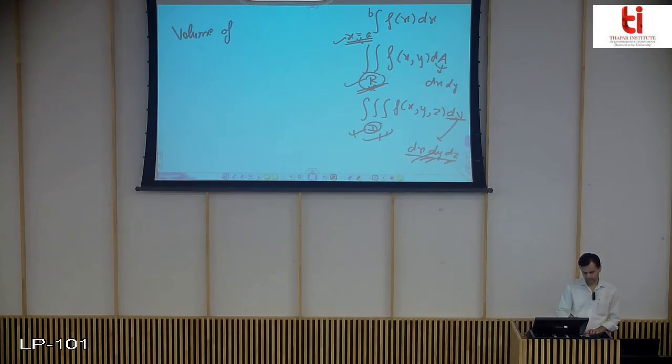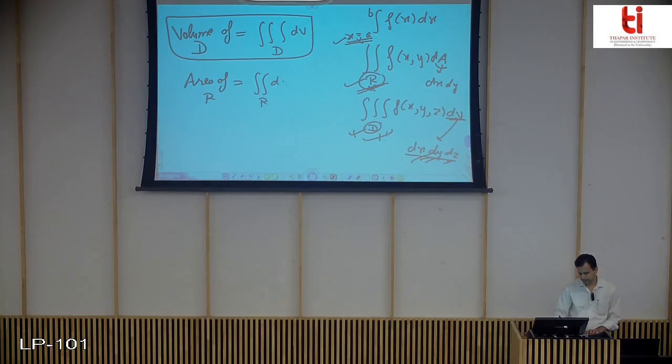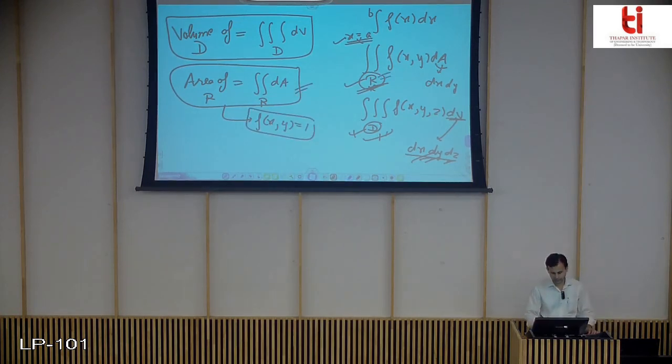Now the volume of this region D is given by this one. Remember that the area of R was given by the double integral of dA. What you did there was put f(x,y) equal to 1, and you got the area of region R. Similarly, in this case, in three-dimensional space, you get the volume of D by just putting F(x,y,z) equal to 1.